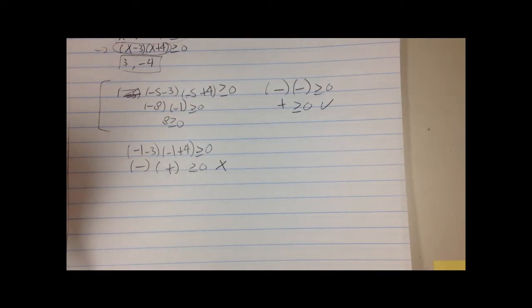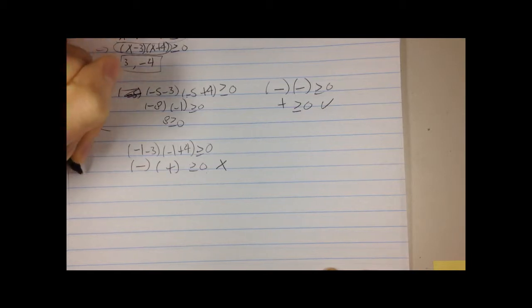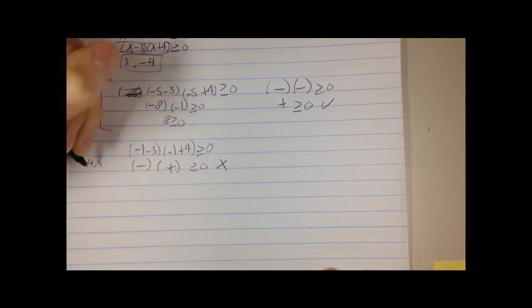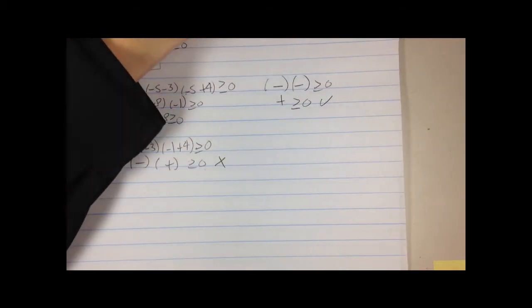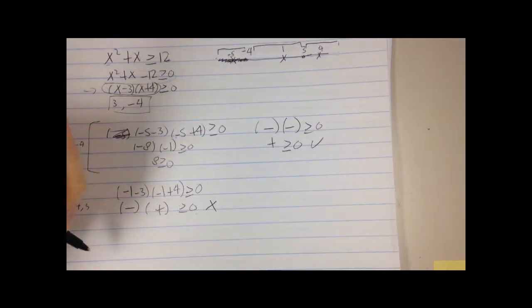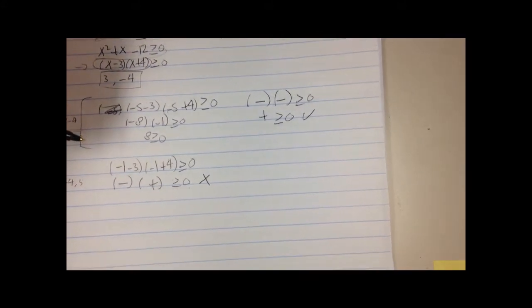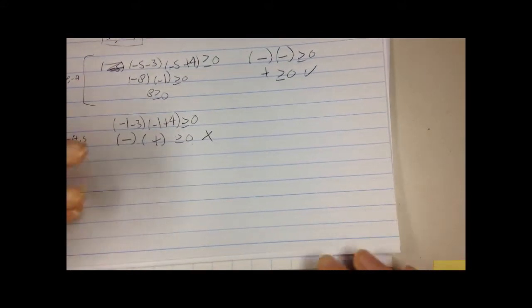So we've tested -infinity to -4, -4 to 3, and so our last one is just going to be this range right here, and so our point we chose was 4. So let's plug that in.